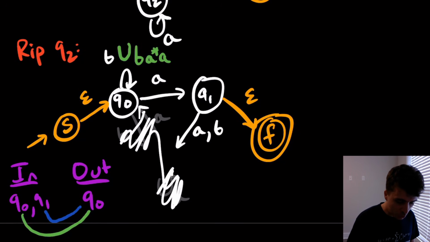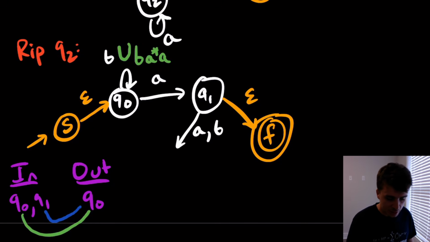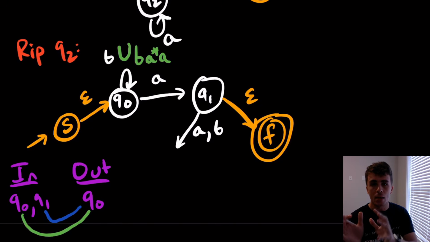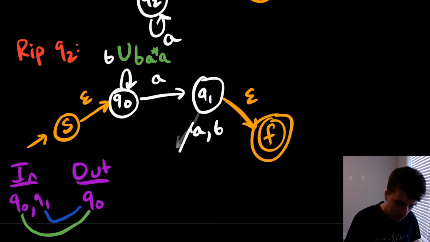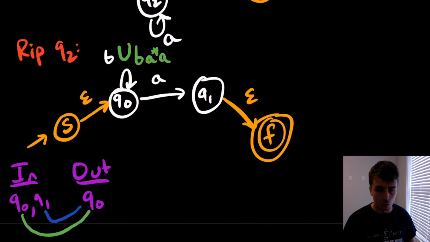Well, what is that going to be? I don't need this B or this A transition anymore because they're not going to exist. So we had A union B here, A star here, and then A here. So the whole transition that's going to come backwards to Q0 is going to be (A union B), the whole thing in parentheses, A star, and then A after that. You need to have parentheses around the A union B because of how precedence works with unions and concatenations.